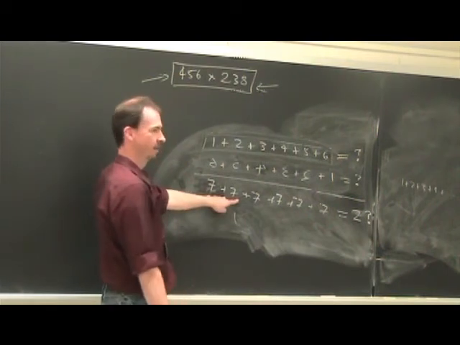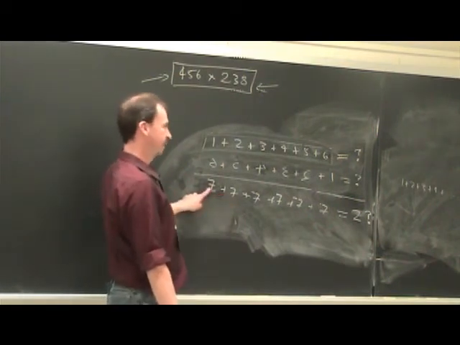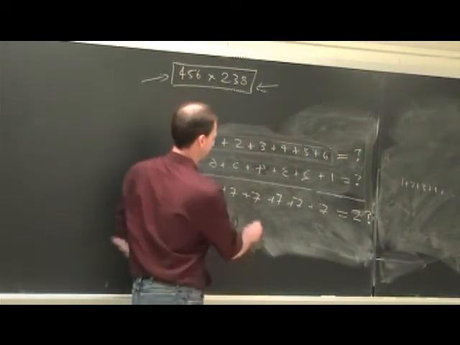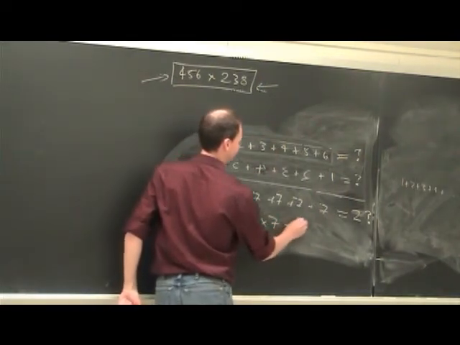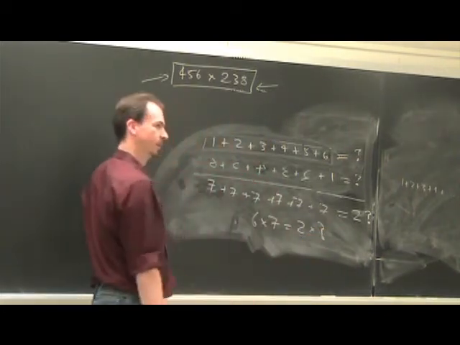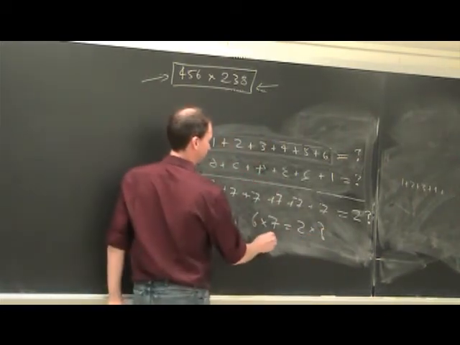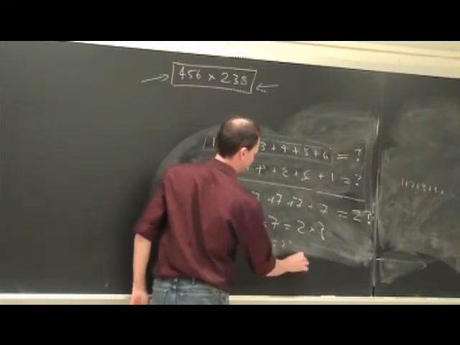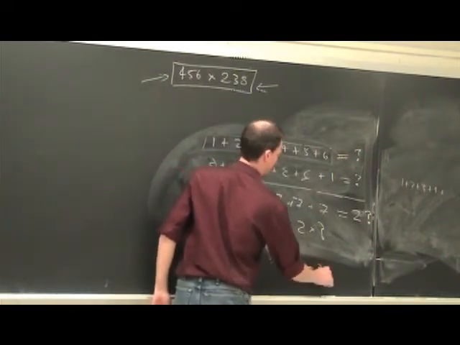But how many 7s are there? 6. Does it make sense with 6 7s? Yeah, because it came from 6 numbers. So this is really 6 7s is twice the question mark. So what was the question mark? 21. Yeah, 42 equals twice the question mark. So the question mark is 6 times 7 divided by 2, which is 21, which is correct.